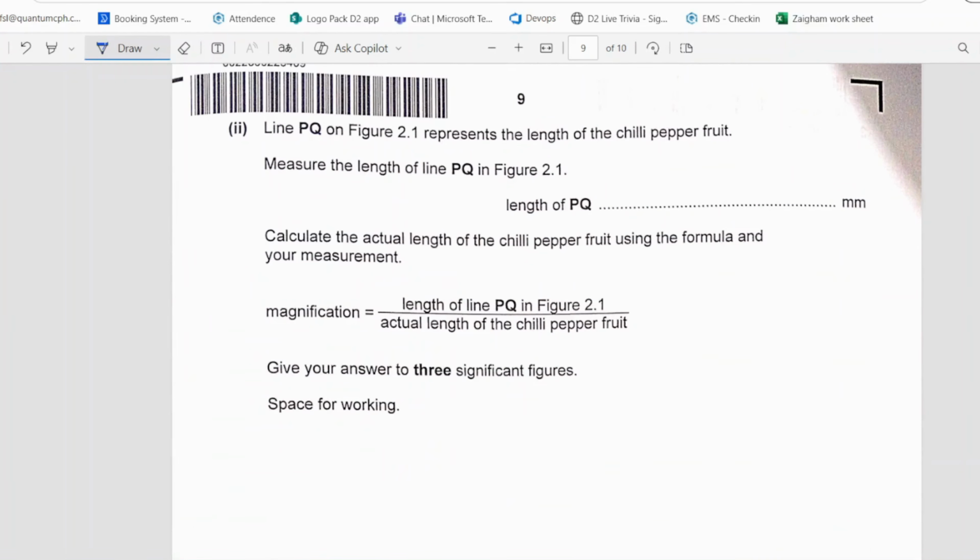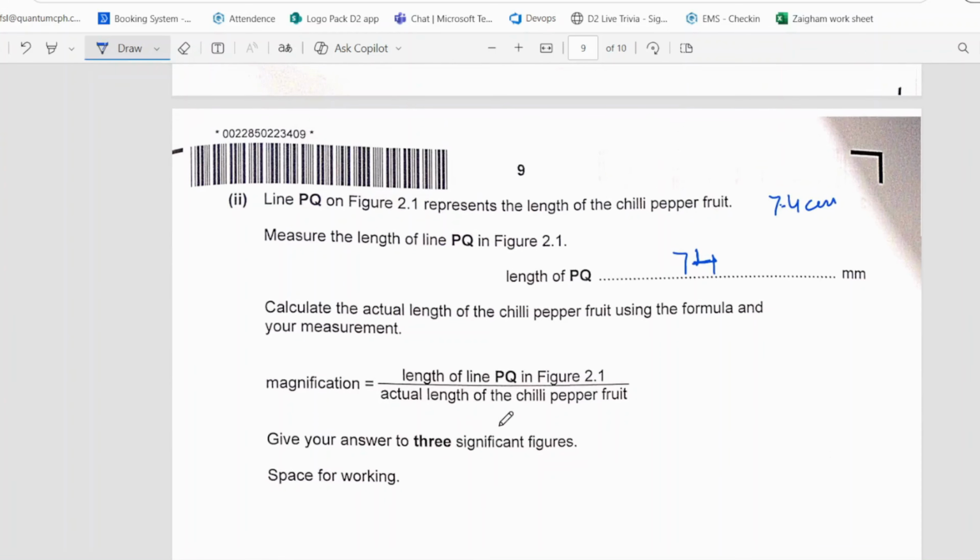Okay, next one is you have to calculate the length of PQ, and the length of PQ turns out to be, I guess, 7.4 centimeter on our scale. How do we convert 7.4 centimeter into millimeter? We multiply by 10, so it would be 74 millimeter. So how would you calculate the actual length?